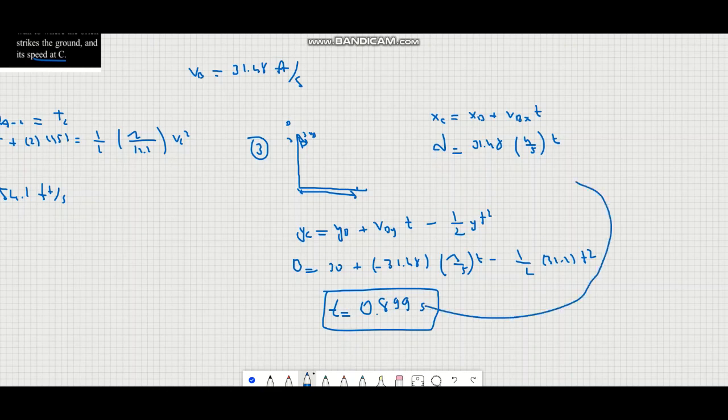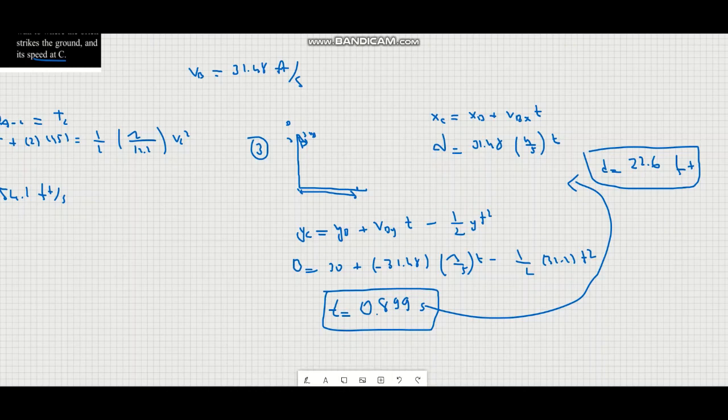Then we bring it here in order to calculate our D. So 31.48 multiplied by 4/5 multiplied by 0.899 is going to give us D, which is 22.6 feet. Okay, so we found our D value as well.